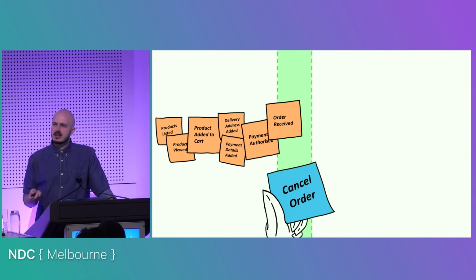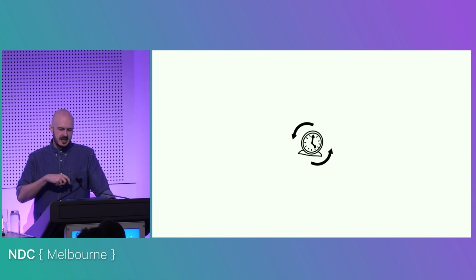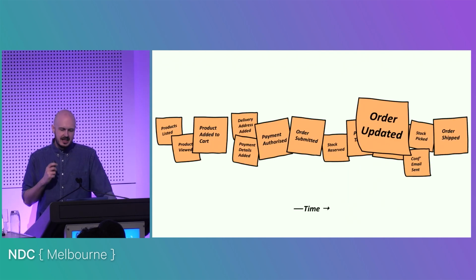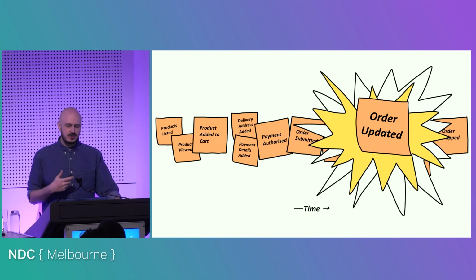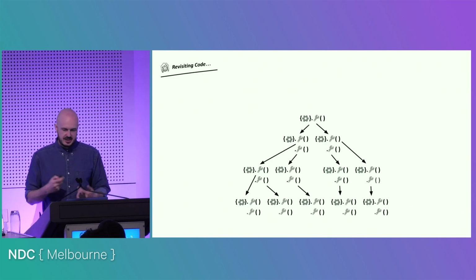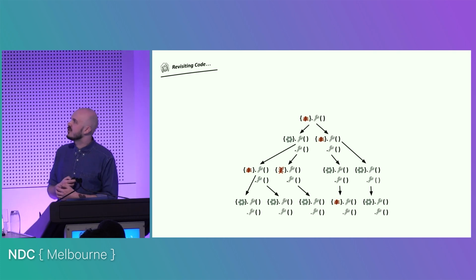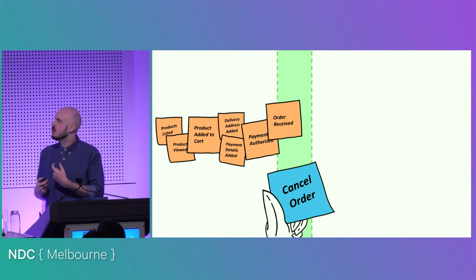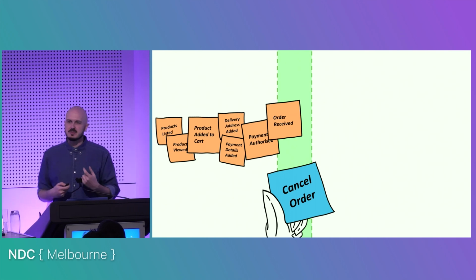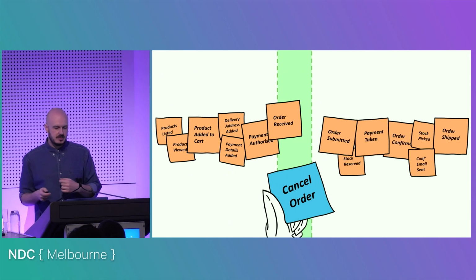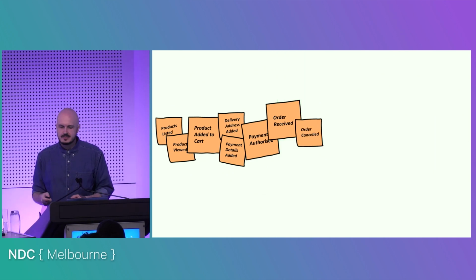So, comparing that back to the horrible update order, when order updated came along, it had a large blast radius that could contradict and undermine a lot of the other events in our system, which led to a lot of complexity and bugs for us. But now, with this new solution, when somebody cancels an order, it has a way smaller blast radius that doesn't seem to undermine anything. The events that would have followed it in our system simply now never happen.